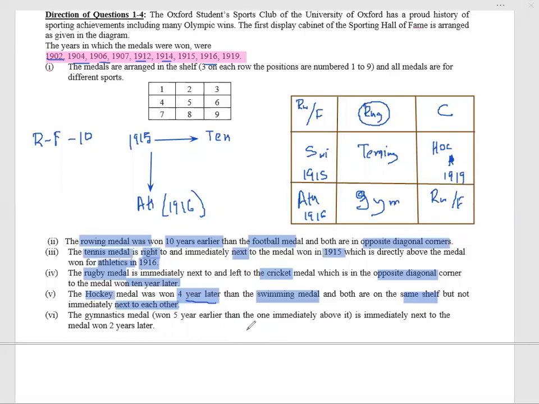Now, the information about gymnastics we haven't used yet. The gymnastics medal was won 5 years earlier than the one immediately above it, tennis, and next to one won 2 years later.